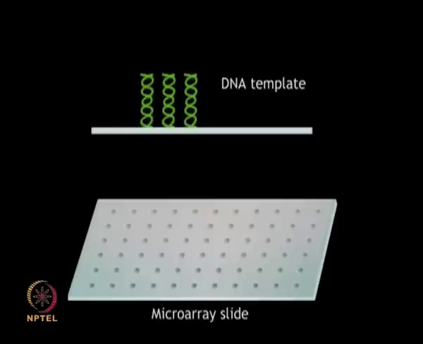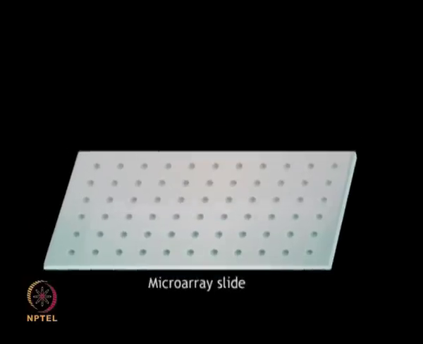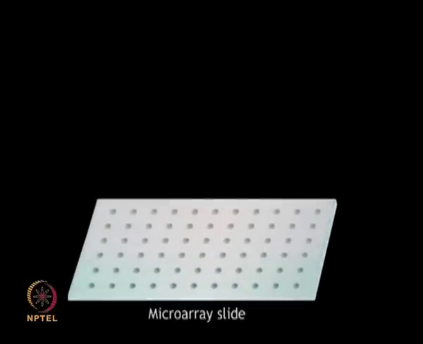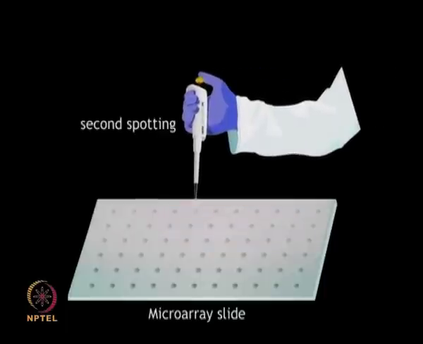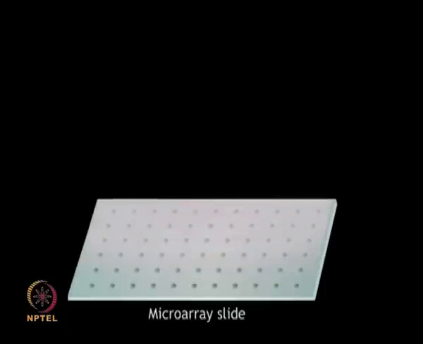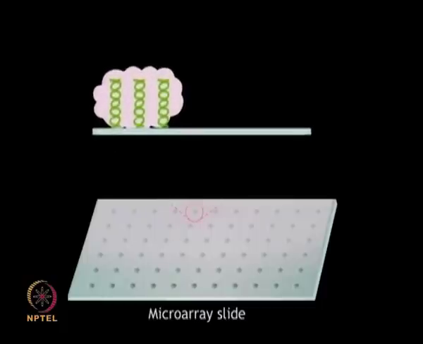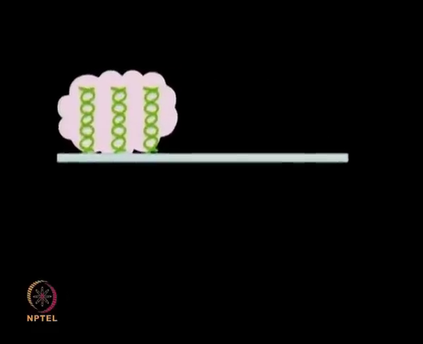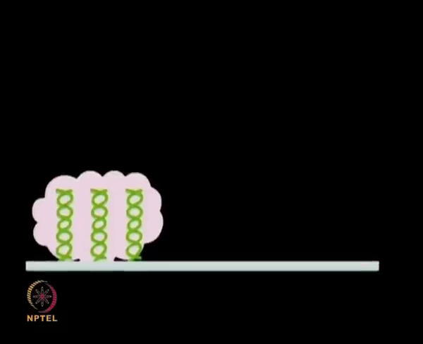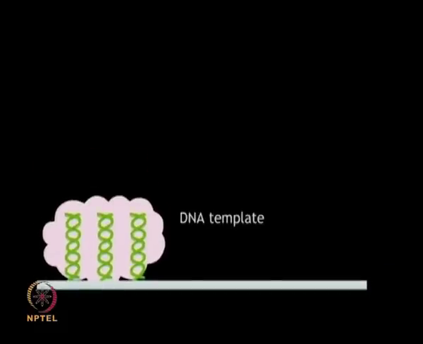The template DNA can even be in the form of unpurified PCR product, which is one of the major advantages of using this MIST technique. The second spotting step involves addition of cell-free lysate directly on top of the first spot. The transcription and translation can begin only after the second spotting step.